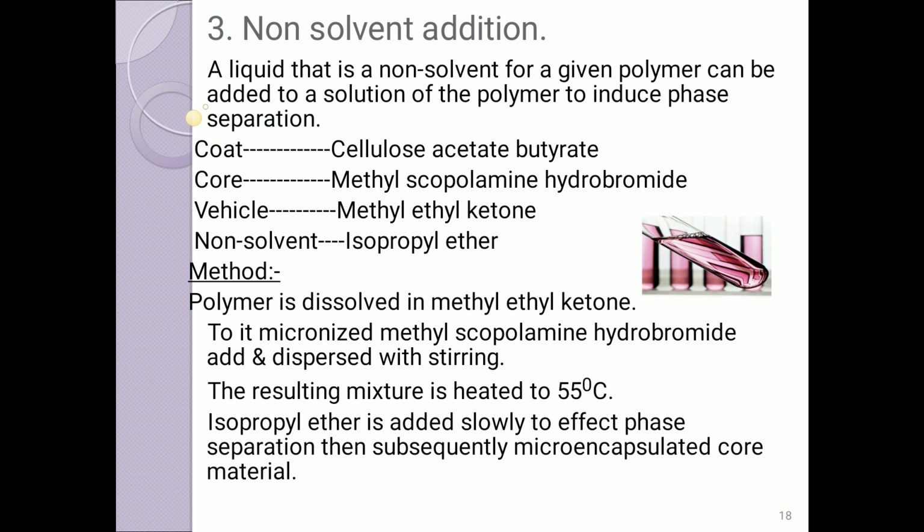For example, here the coat material, that is the polymer, is cellulose acetate butyrate. The core, that is the drug, is methyl scopolamine hydrobromide. The vehicle is methyl ethyl ketone, and the non-solvent is isopropyl ether.